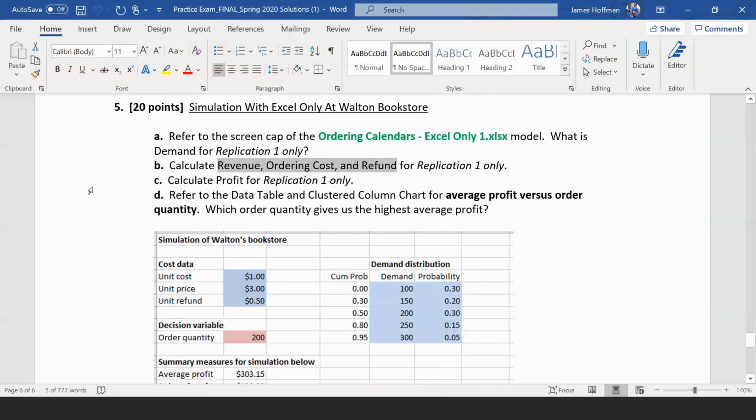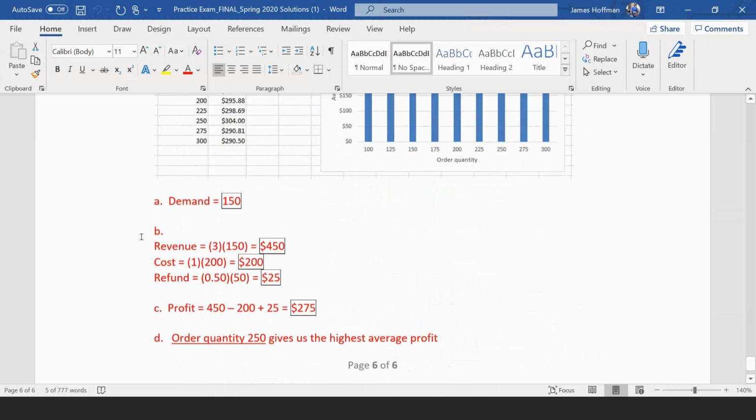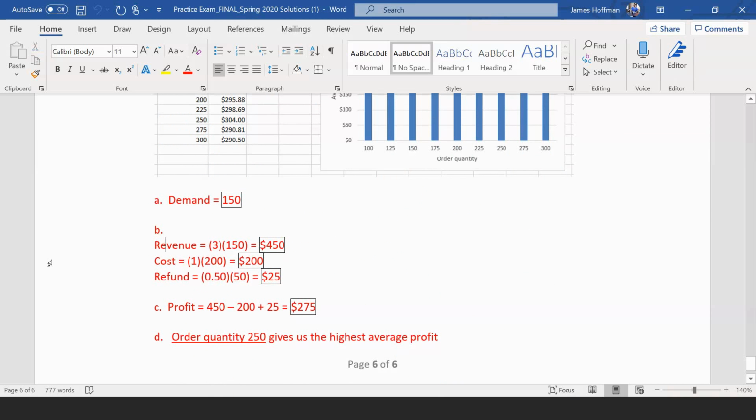Okay, now we want revenue, ordering cost, and refund for this replication. So everything is with a demand now of 150. You can see the unit price is $3, so that's the price we sell them at. So the revenue is $3 per unit, times how many we sold.